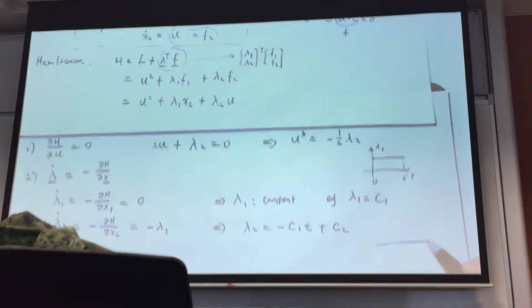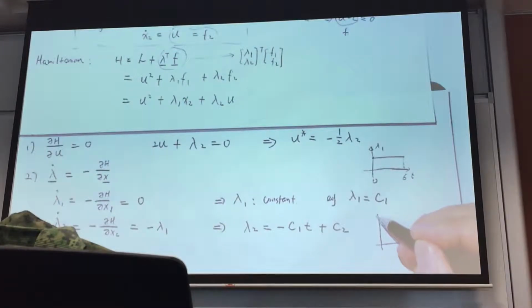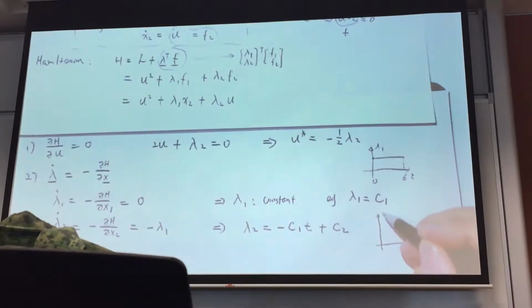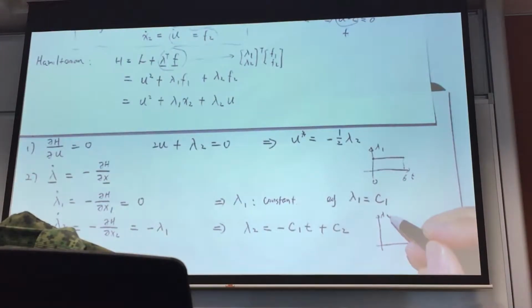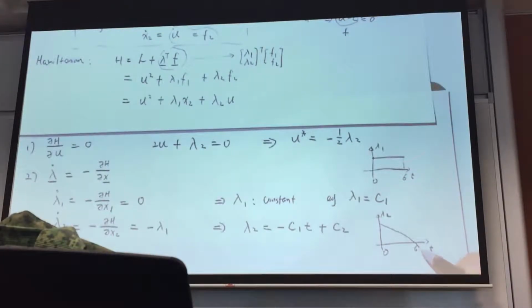If we plot it against t, it will be in a form like this from 0 to 6, though it doesn't need to start at 0, it could be any value.